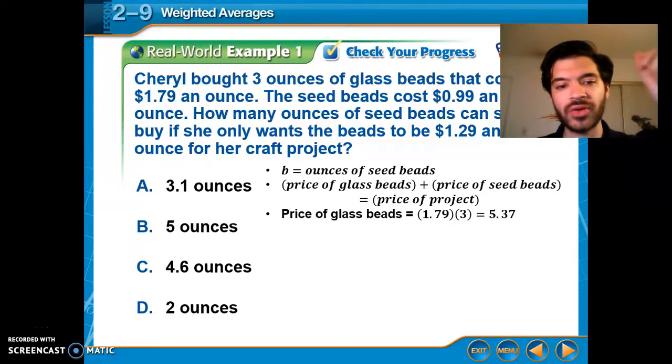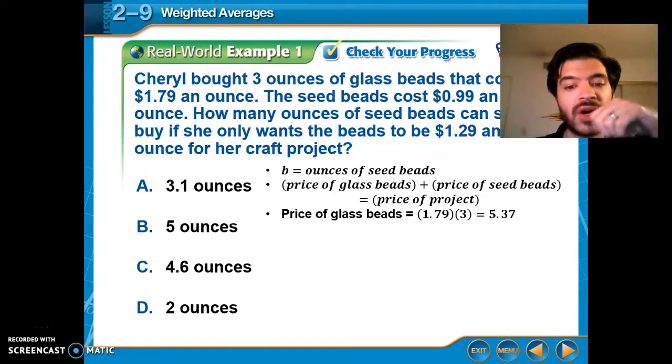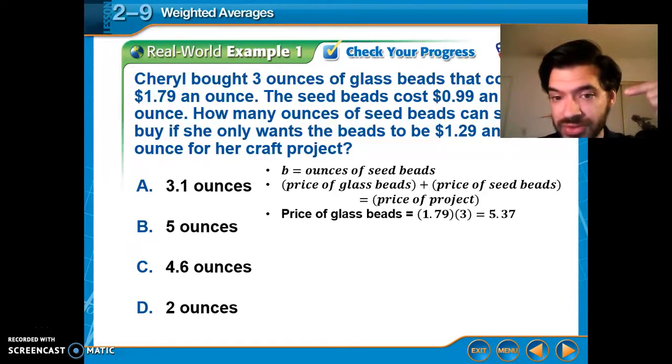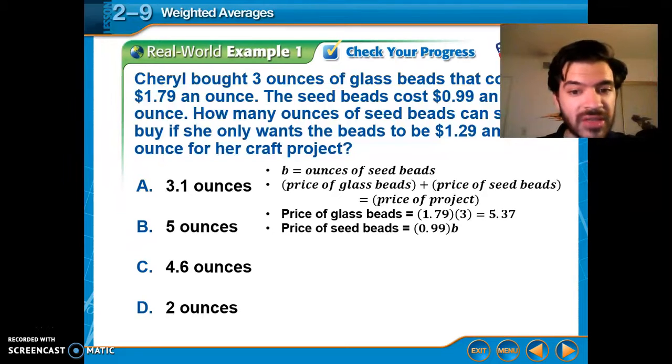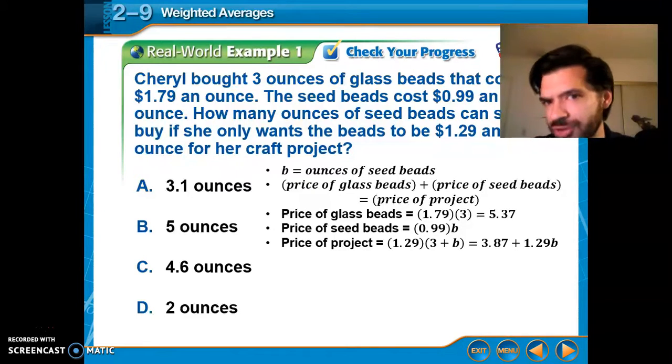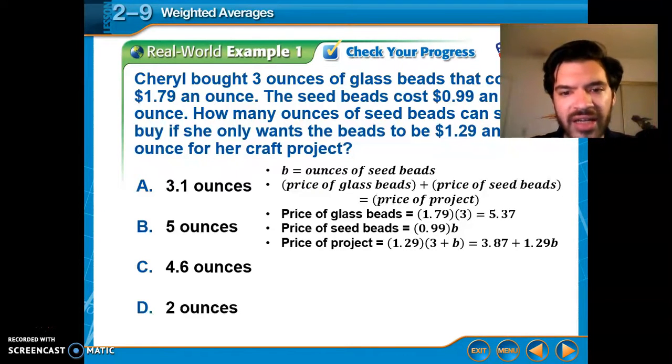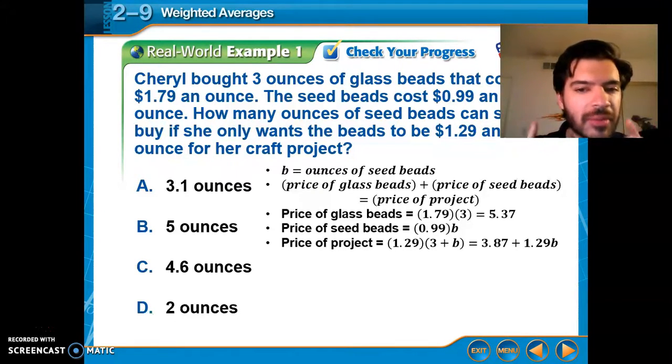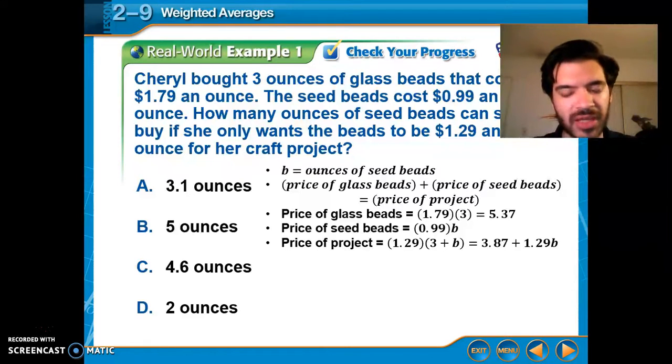So far, we know that the price of the glass beads is $1.79 and she bought 3 ounces. We know the price of the seed beads is 0.99B, right, 99 cents times the number of ounces of beads. And the price of the project, she wanted the average price to be $1.29, and that's multiplied by the number of ounces, 3 plus B.